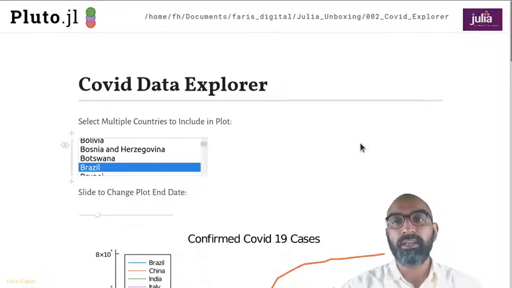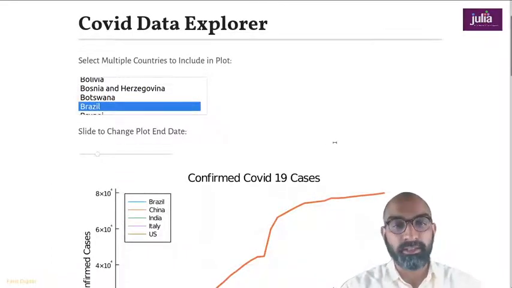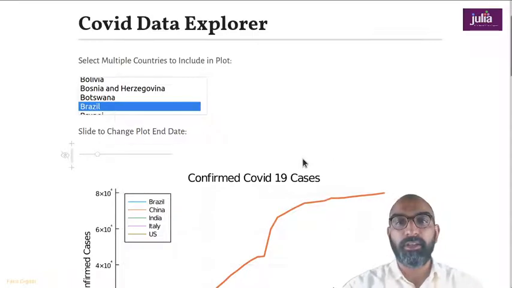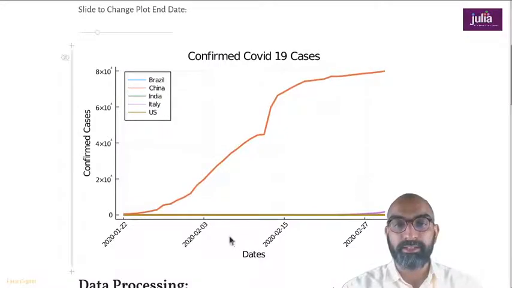So here you see the gist of what we are interested in. We have some data, we have plots of confirmed cases for a number of countries, and the x-axis here is dates.